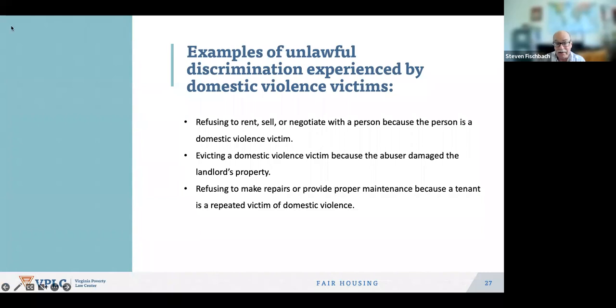Another is a landlord refusing to make repairs or provide proper maintenance because a tenant is a repeated victim of domestic violence. In other words, a landlord saying, I'm not coming back here to fix this again after you got assaulted by your abuser. All of those would be potential fair housing violations. Next slide.